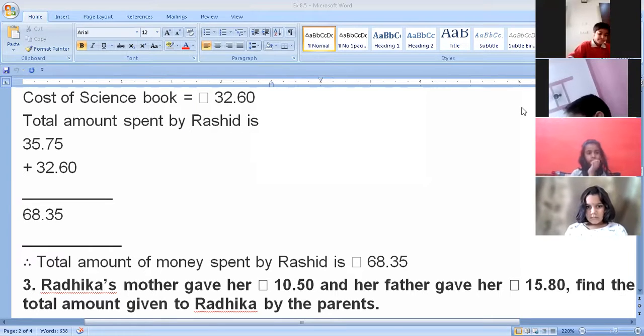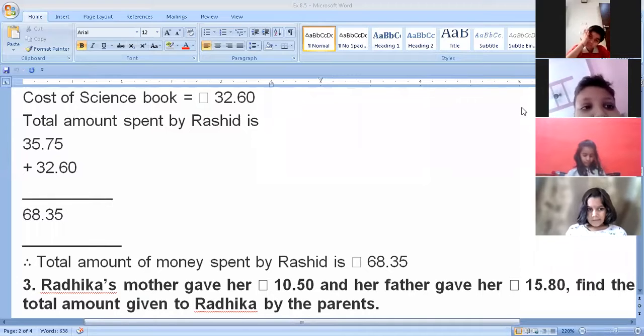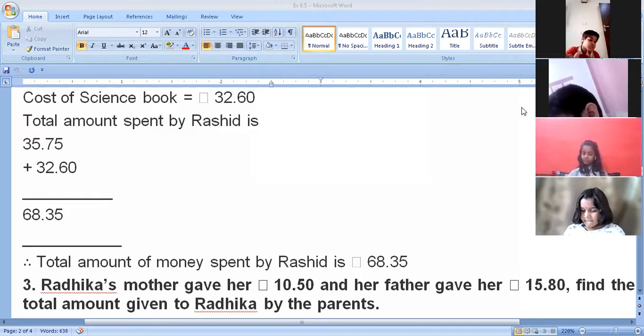So what we are going to do here in this question? Addition, subtraction, multiplication or division? Radhika's mother has given 10.50. Father has given 15.80. So we have to take out the total amount. So what we are going to do here?